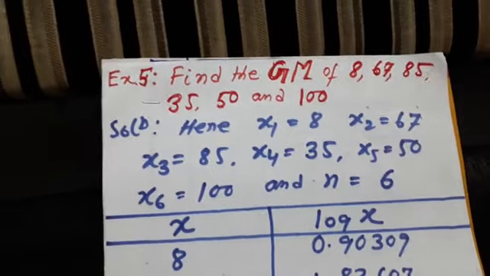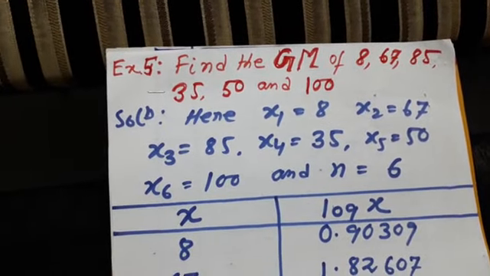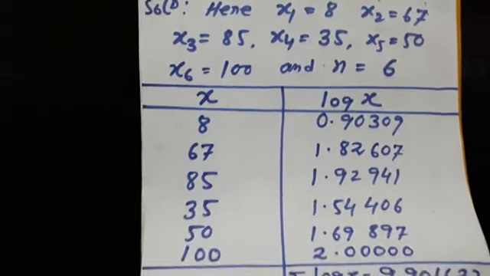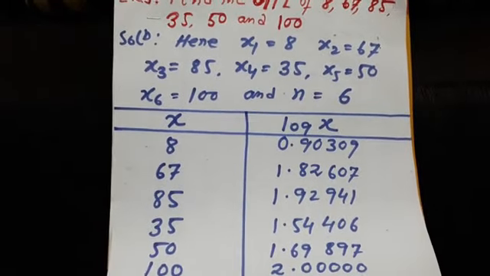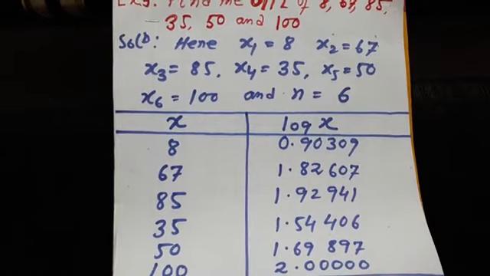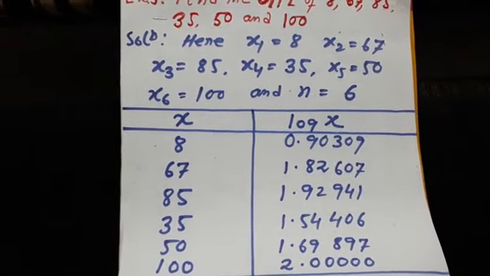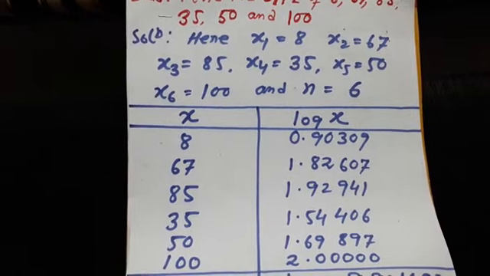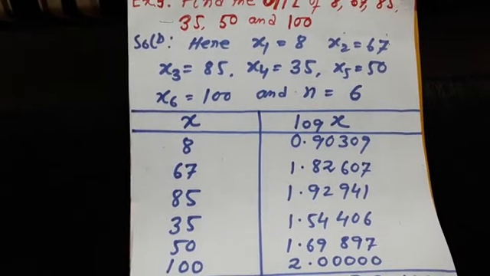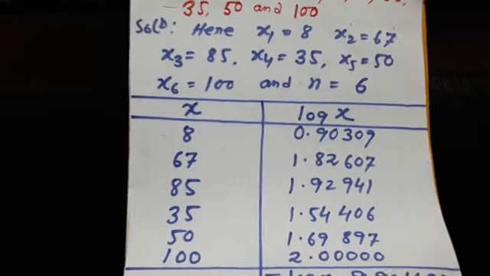Here all the x, from 8 to 100, are x, and what I have done here, I have got these log x values from the log table. Log 8 equals this, log 67 equals this. In this way I have got all the values from the log table.